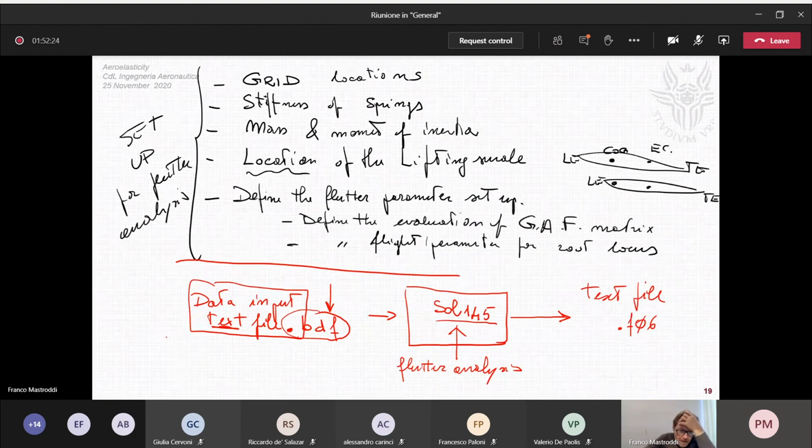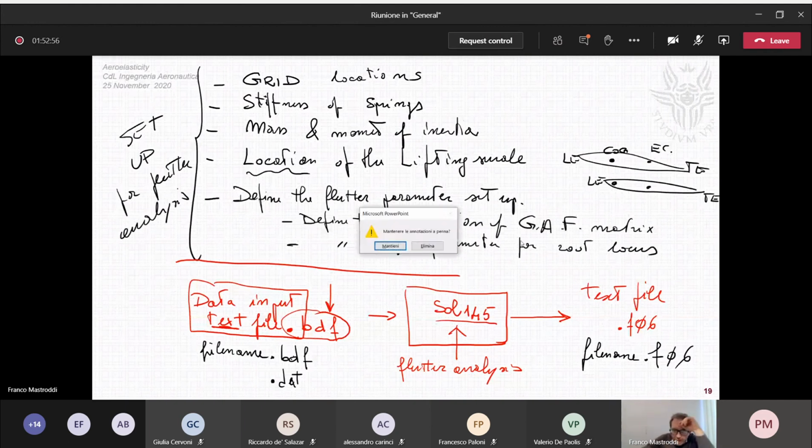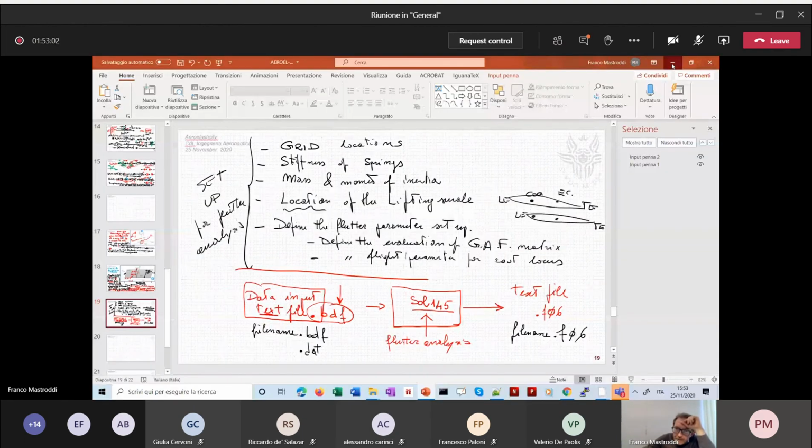So if you have a file name .bdf as input, or which is the same .dat, as for data, you should have as output a file name .f06.